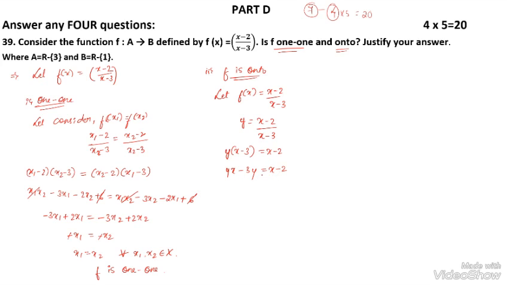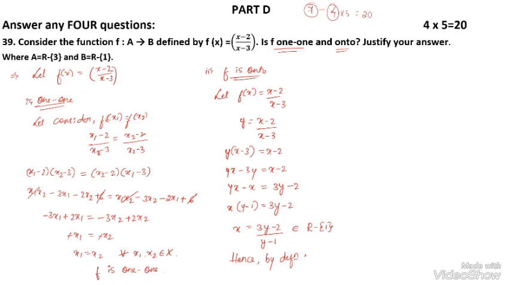Taking x from the right side to the left side, it becomes minus x: yx - x is equal to, taking 3y on the right side, it becomes 3y - 2. We want x only, taking x as common, x(y - 1) = 3y - 2. And that is, x = (3y - 2)/(y - 1), which belongs to the real numbers R minus {1}.